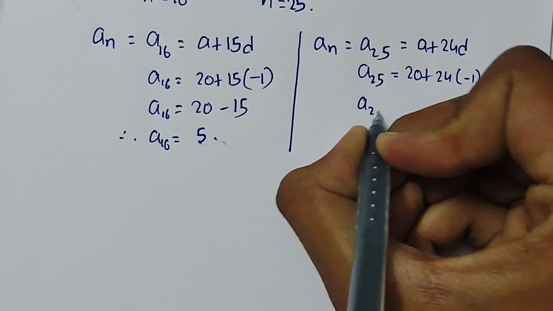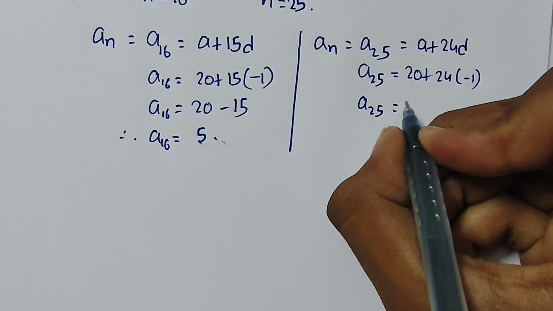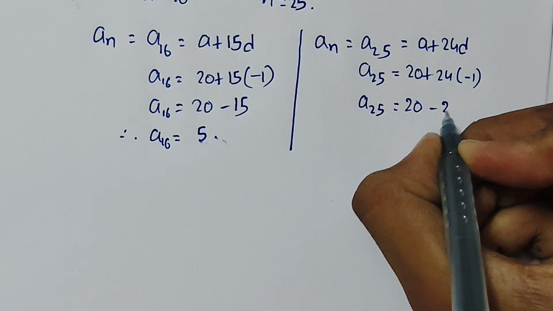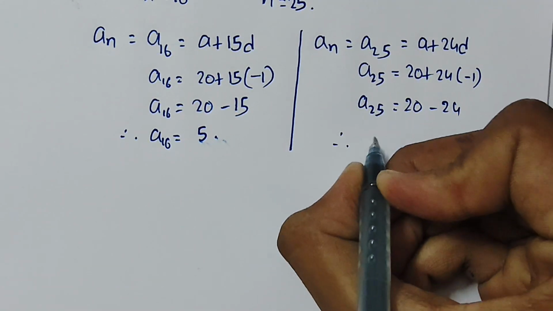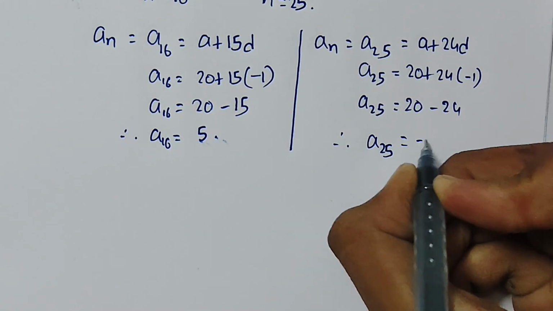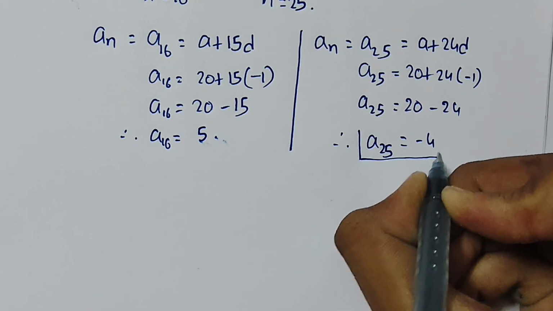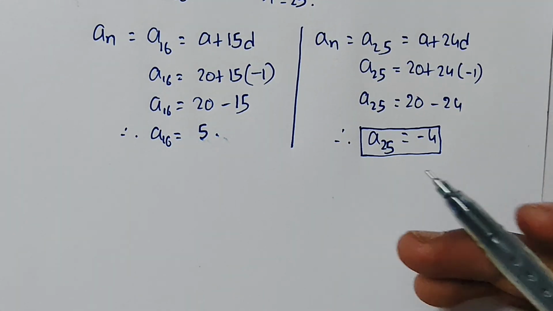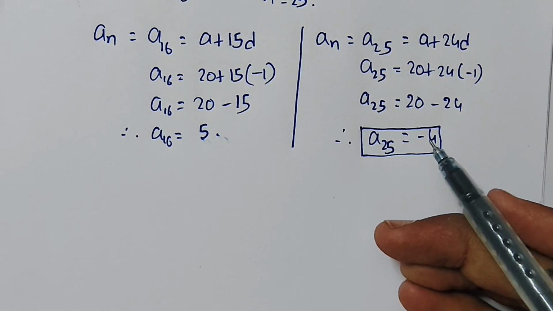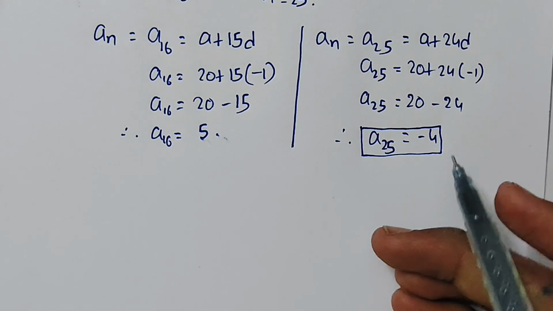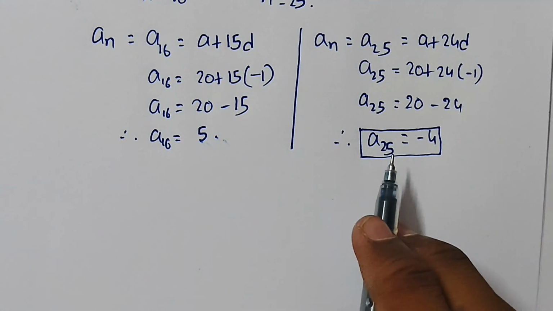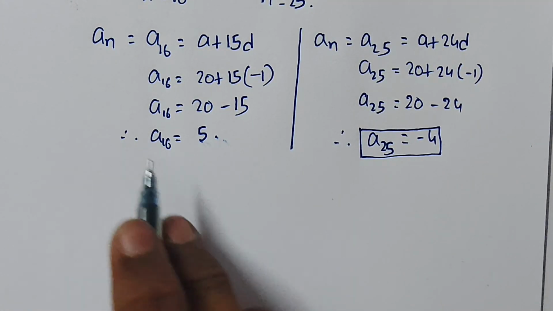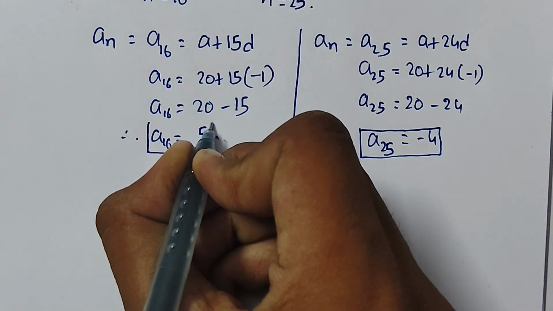So 20 plus minus 24 ones are 24, therefore we got the value of a25 is equal to minus 4. So a25 cannot be considered because we cannot take a negative value as the number of logs in a row. So we have to take only the positive value. So this is the right answer.